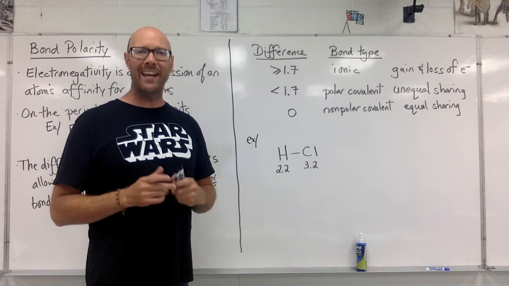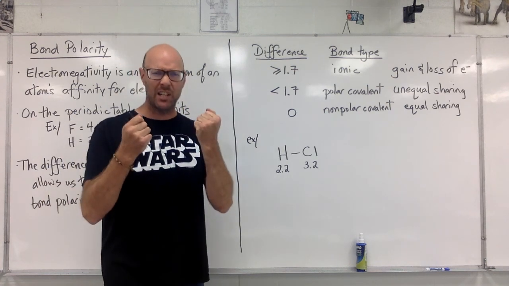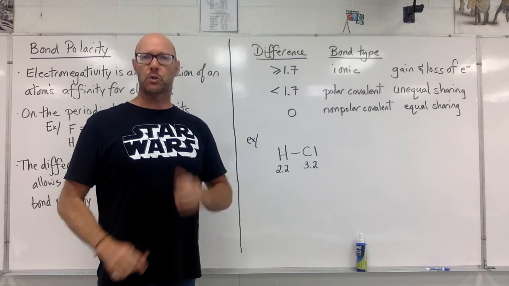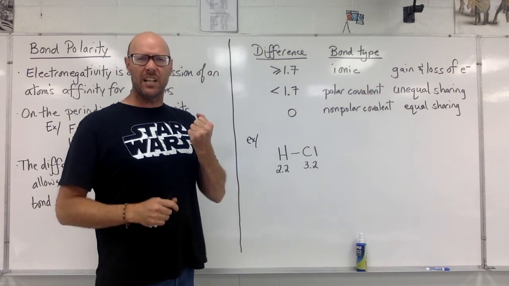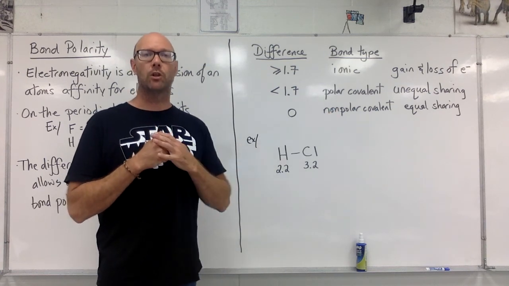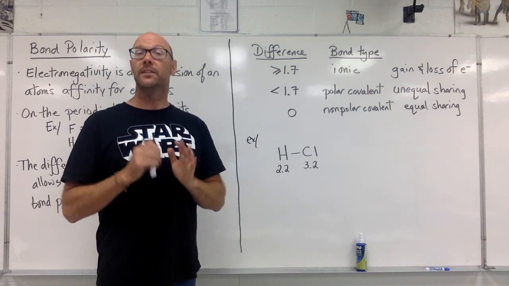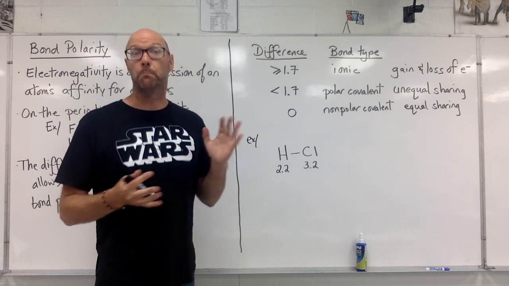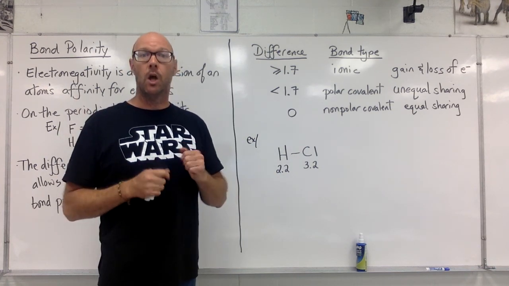This means that one element really wants the electrons really badly, it's really strong, and the other element does not. So the strong one takes that electron and keeps it. And the other atom has lost those electrons permanently. This is not sharing. This is taking and losing. It's bullying. It's not sharing.